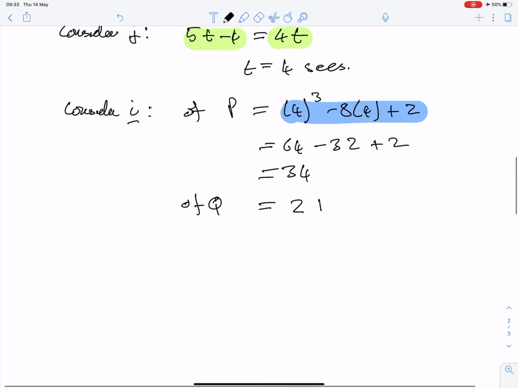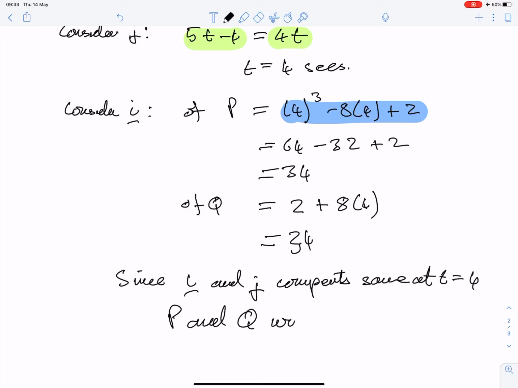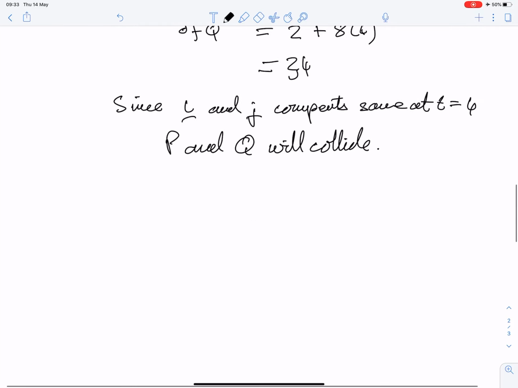So 2 plus 8 lots of t, which is 4, equals 34. Since i and j components are the same at t equal 4, P and Q will collide.